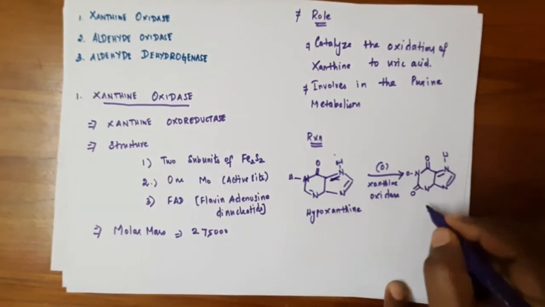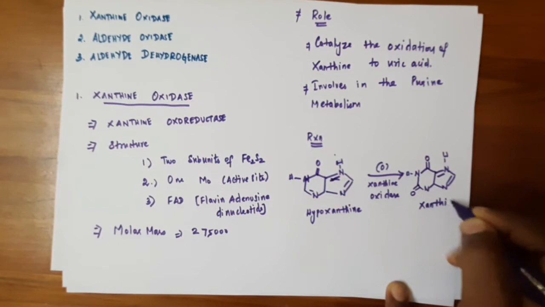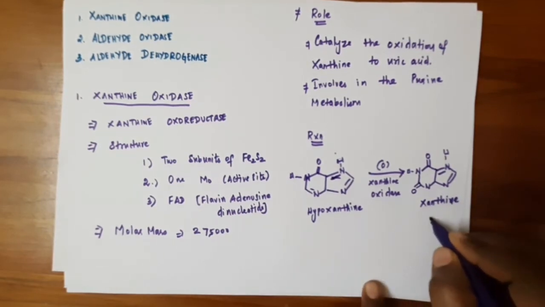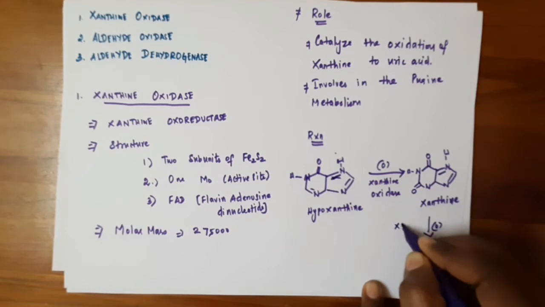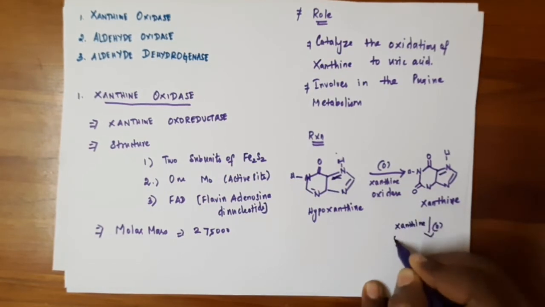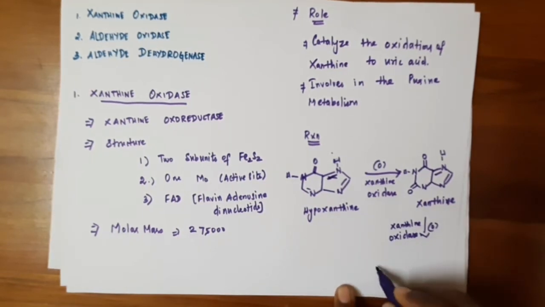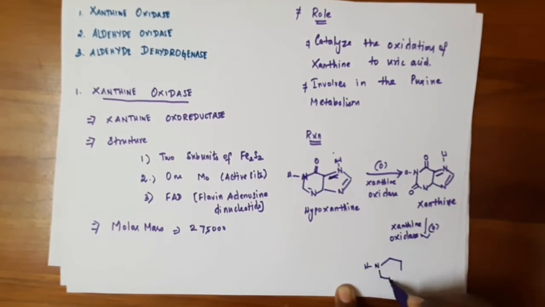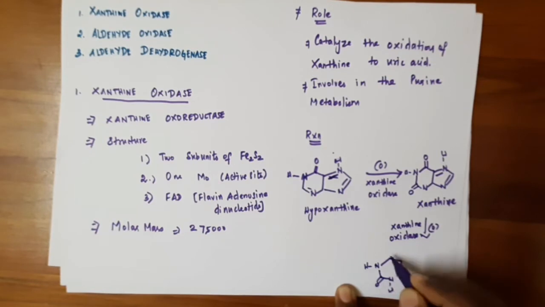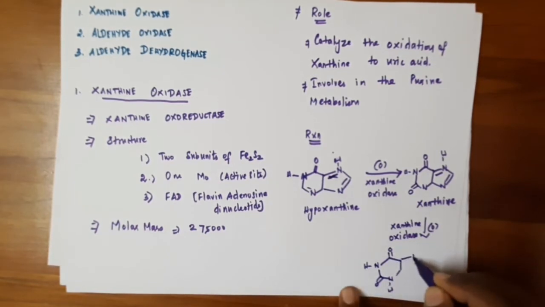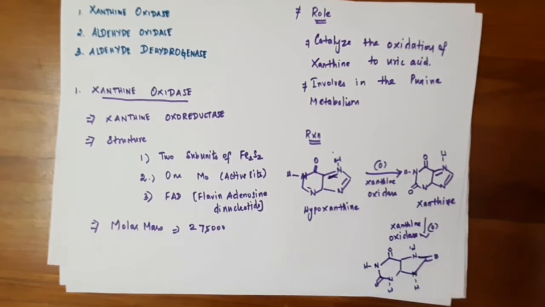Further oxidation by the xanthine oxidase enzyme converts xanthine to uric acid.